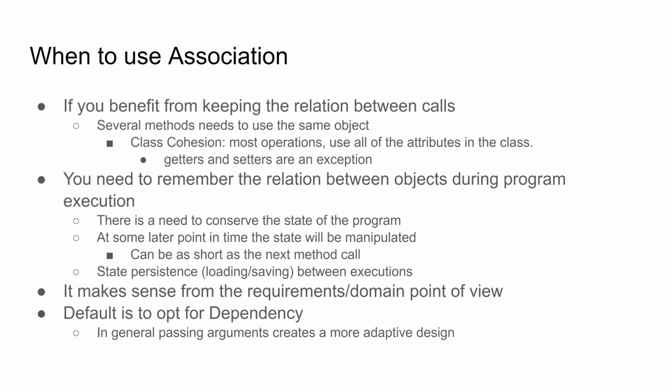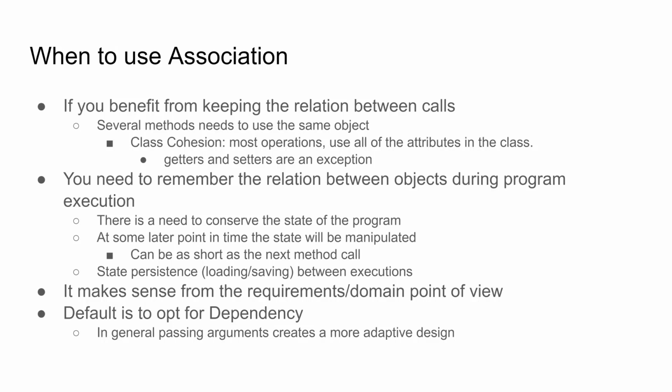So this object should contain other objects, because that's how the domain works. So it would make sense to understand the code base based on the domain knowledge that you maybe have. So if one or more of these criteria fit, then you should consider using association.